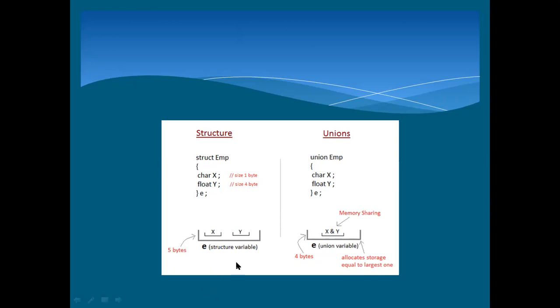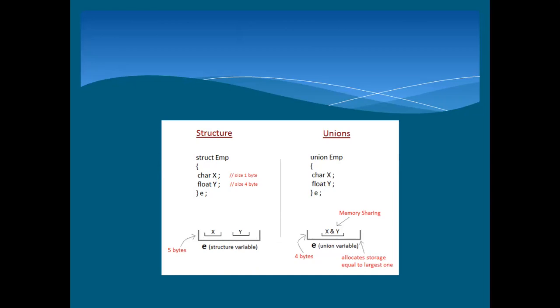Now how is the memory allocated? Here for the structure, for each member a separate memory location is allocated. For the char data type, they are going to allocate 1 byte of memory. For float data type, they are going to allocate 4 bytes of memory. So total 5 bytes of memory is allocated for the structure.